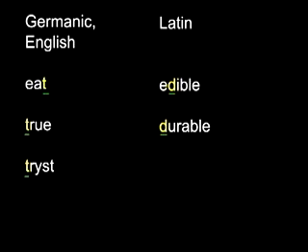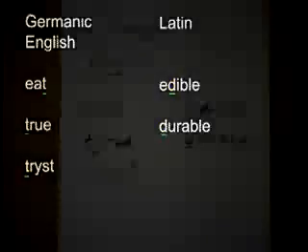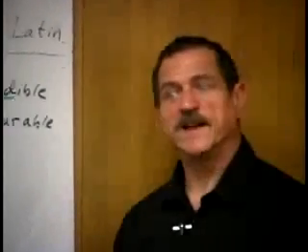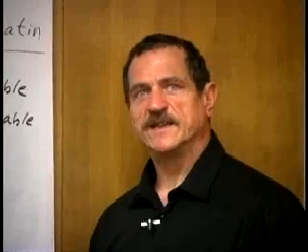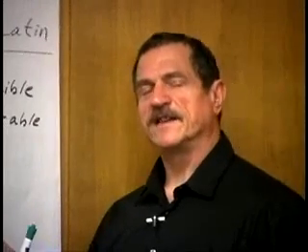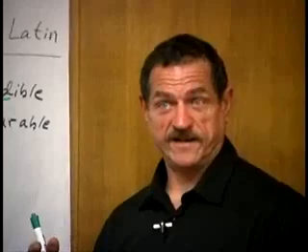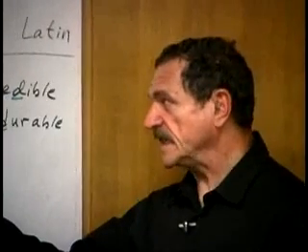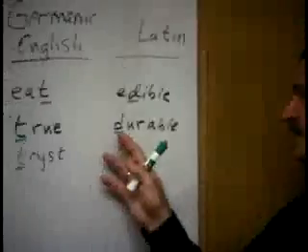So if you look at other English words that come from a Germanic source and have a T in them, there is a reasonable chance that you'll find a Latin-based word that has a related meaning where the corresponding sound to the English T, the Germanic T, is a D.